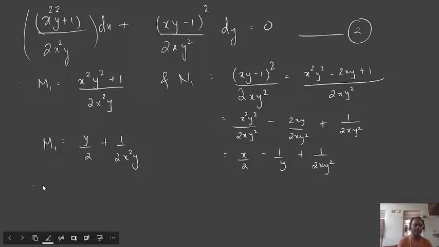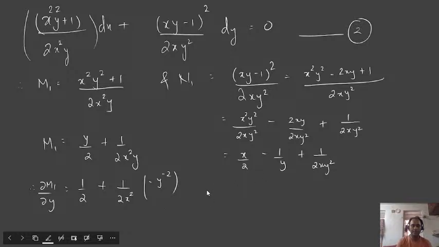Now you check for ∂m1 by ∂y. So this is 1 over 2 plus 1 over 2x square, but 1 over y is minus of y raised to minus 2. Okay, so that is what you get there.